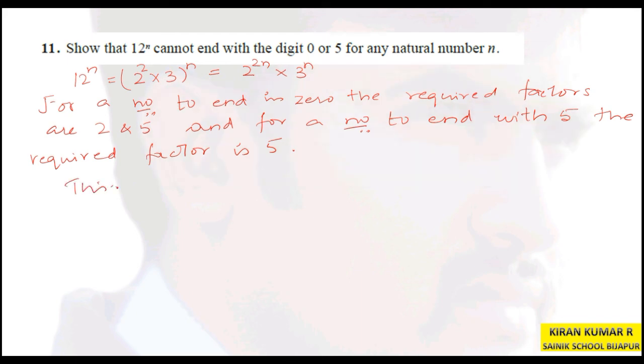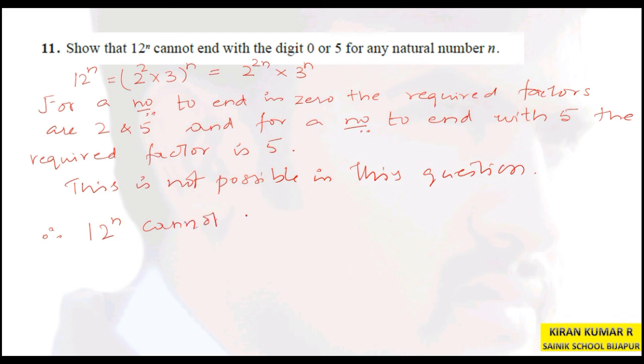This is not possible in this question. Therefore, 12 raised to the power n cannot end in 0 or 5 for any natural number n.